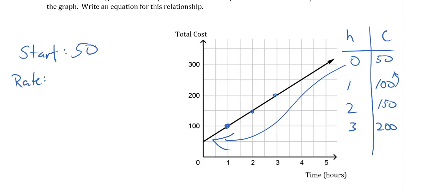But if you like to use the table strategy, that's fine. You make a table, use it to figure out the rate, but you might want to think about doing that just straight from the graph. You don't have to calculate where it starts. You can see where it starts. Does that make sense? Okay. Has anybody figured out the rate? Who's got the rate done?